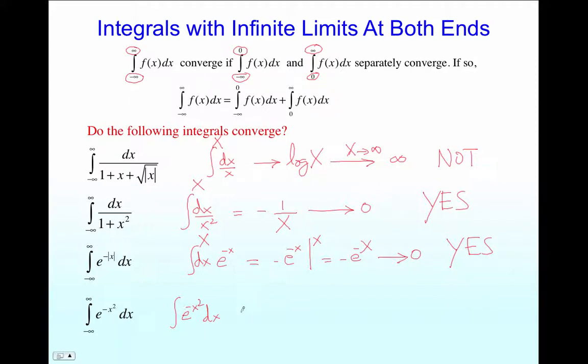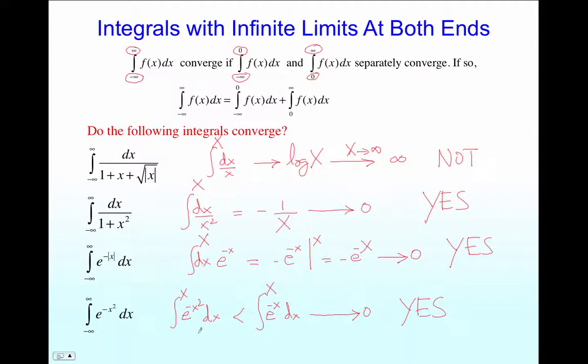Instead, what I must do is consider the fact that e to the minus x squared has to be less than e to the minus x, and hence this integral must be less than the integral of e to the minus x dx, with the same limit over here. Now, when capital X goes to infinity, this goes to 0, just like above over here, and so this integral also converges. It does exist.